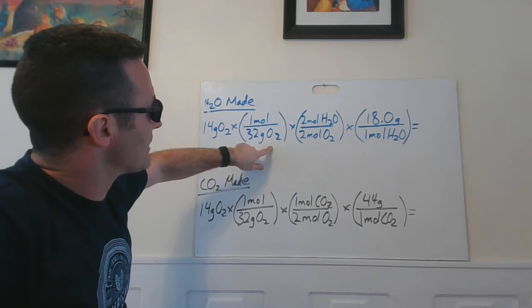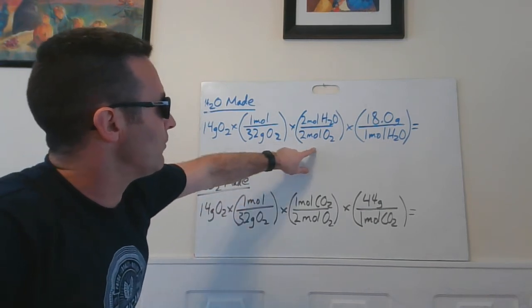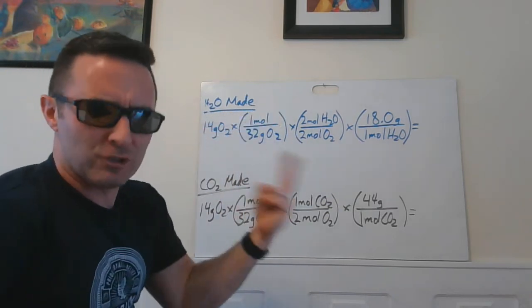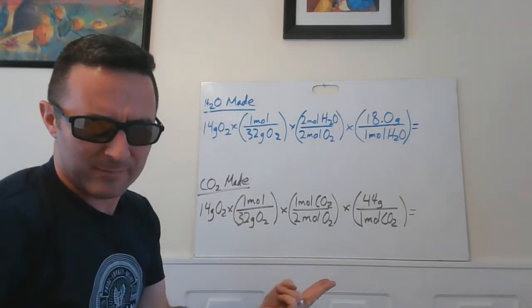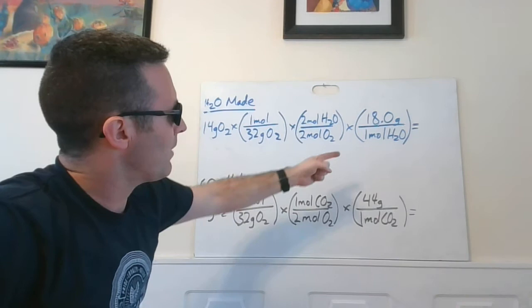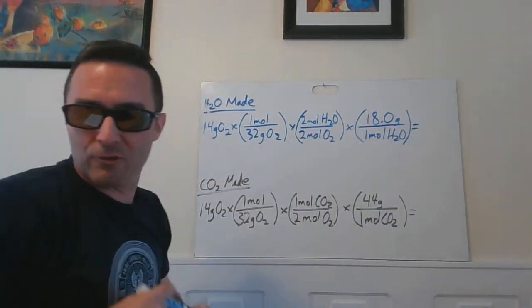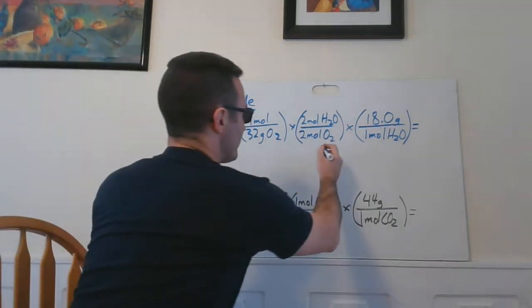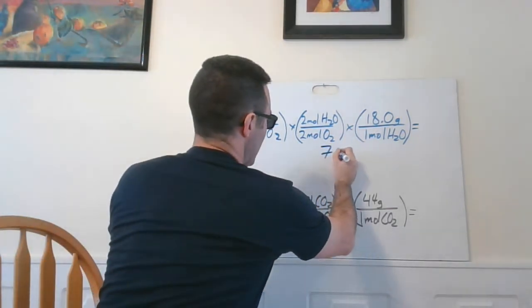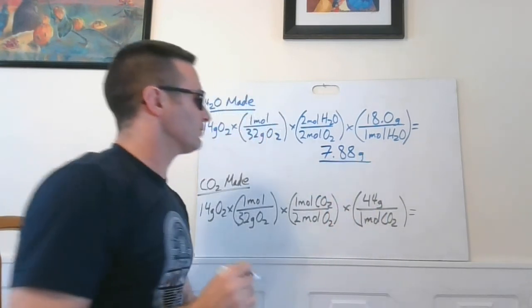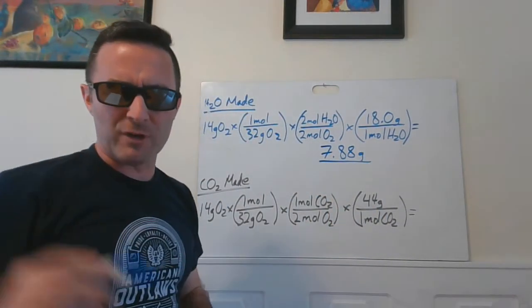In your balanced chemical equation, 2 moles of oxygen turn into 2 moles of water. That was your 2 to 2 step, the same amount of pieces. Then 1 mole of water has a mass of 18 grams. When you punch that into your calculator, that comes out to 7.88 grams. That's really close to what we had with the other method. Feeling pretty good about that.